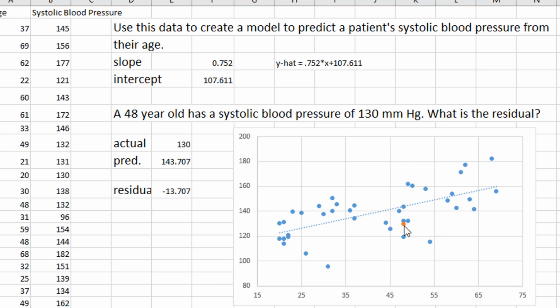If you could imagine all the different lines that could pass through this cloud of dots, and then for every line you take all the residuals, square them all, and add them all up, this one that I have plotted right here results in the smallest possible sum of squared residuals that you could ever get. So there we go.